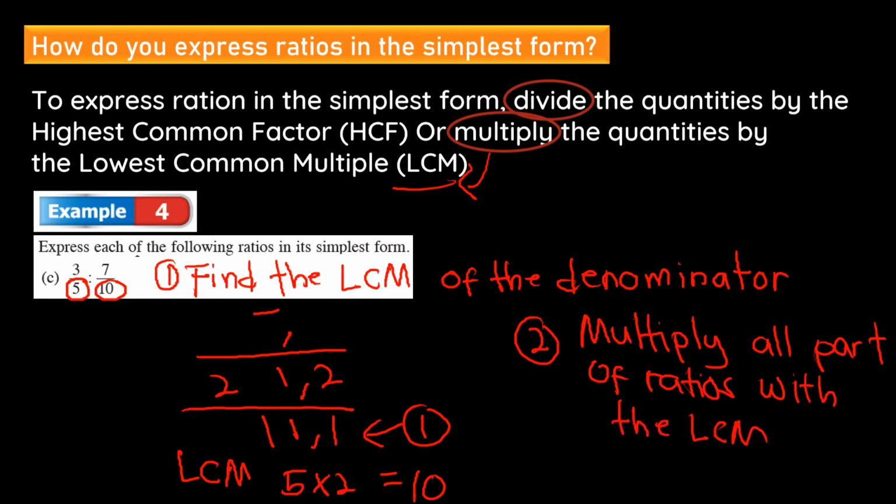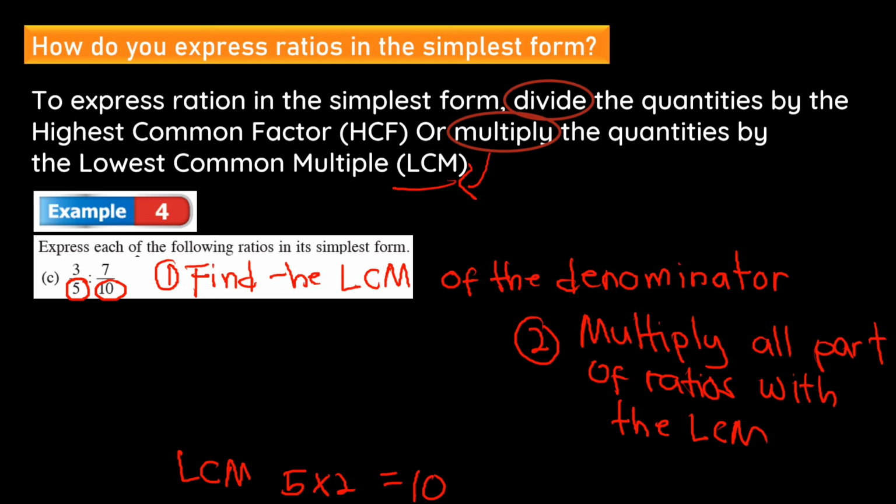So 3 over 5, we multiply it by 10, ratio 7 over 10, multiply it by 10.